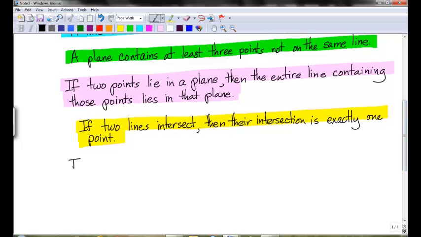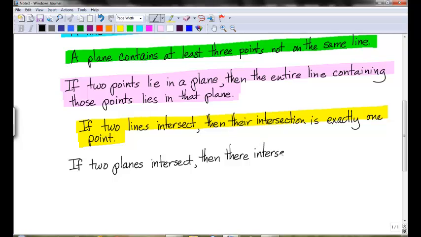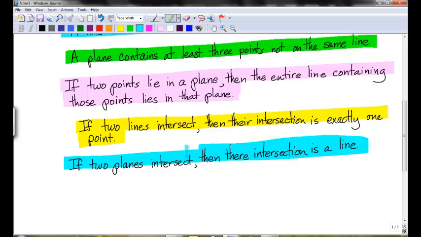If 2 planes intersect, then their intersection is a line.